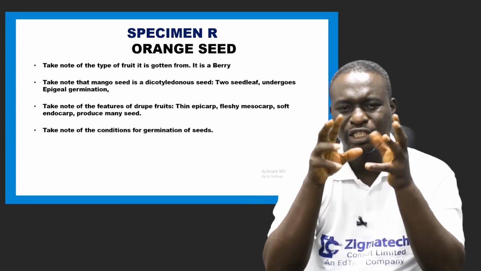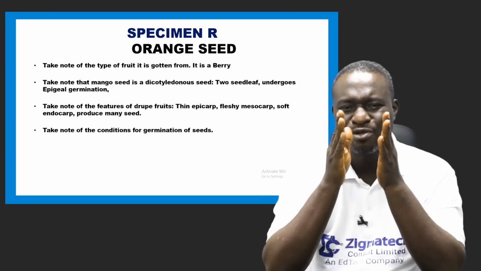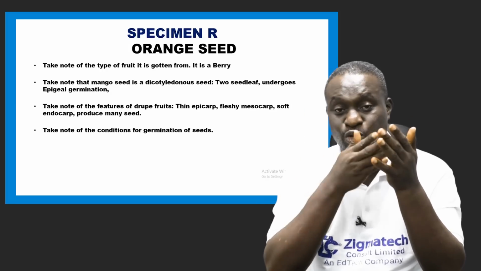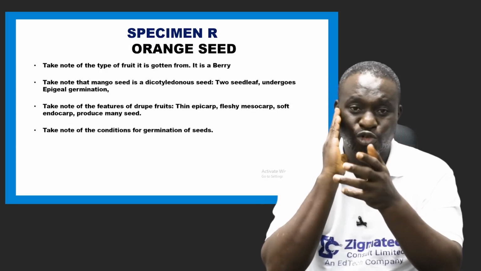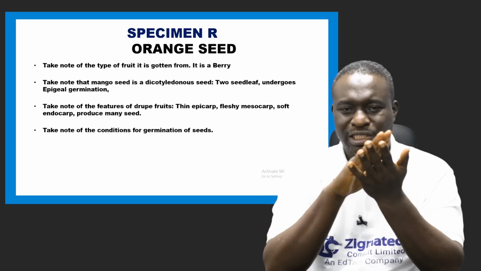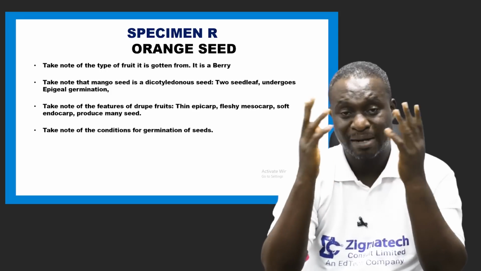If you look at the orange and its seed, you will discover that the seeds of orange are arranged in chambers. The fruit is divided into chambers. If you do a transverse section of the orange fruit, you will see the seeds are arranged in different chambers, and there are more than one.